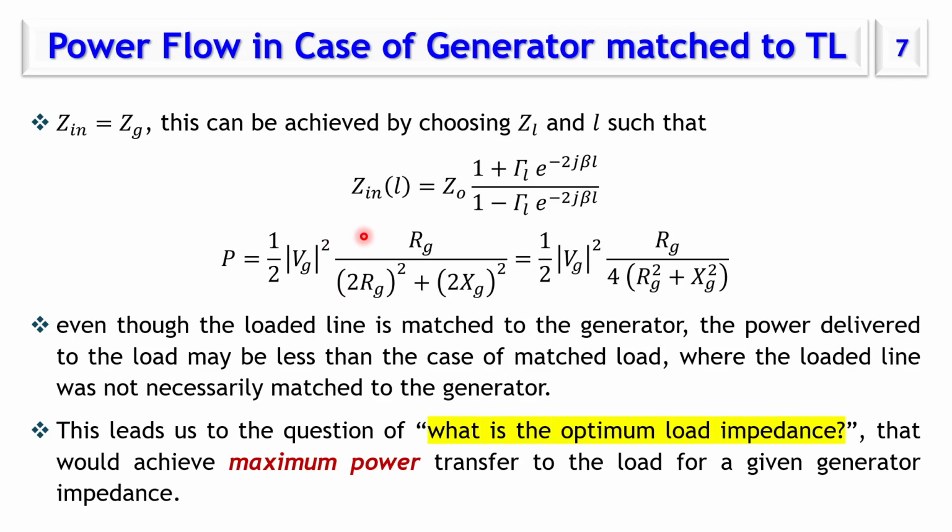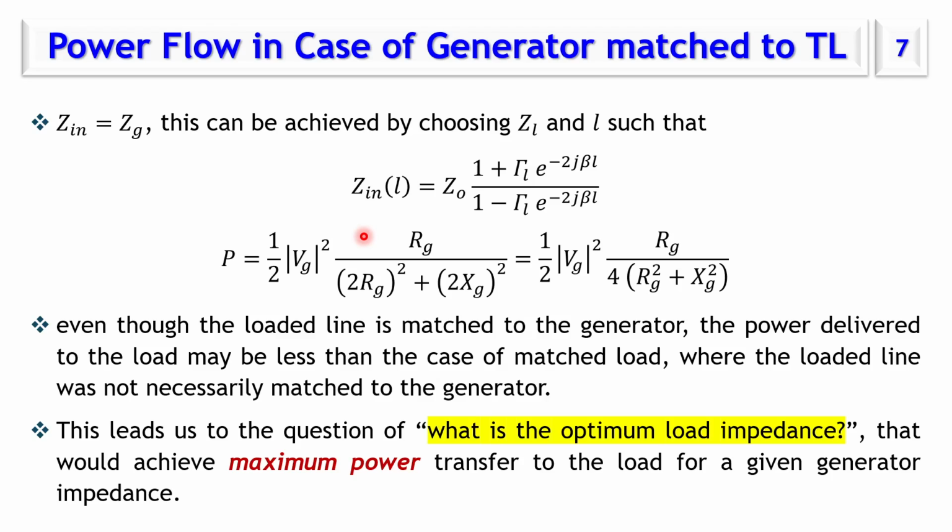So now we studied two cases: a case of matched load to the transmission line, ZL equals Z naught, and a generator matched to the transmission line, Zg equals Zin. In both cases, we are seeing different values for the power delivered to the load.